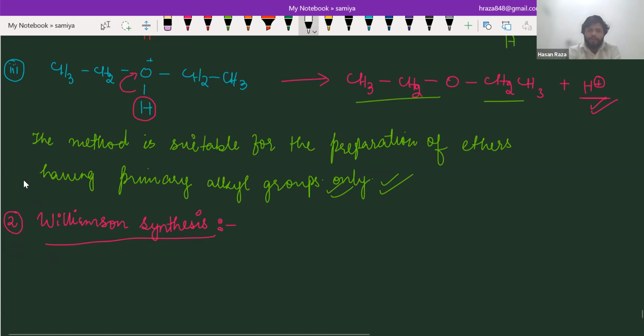Let me know when you are done with this writing, and then I will explain what the Williamson synthesis reaction is. It is also known as a name reaction, which is very important. Basically, it is a laboratory preparation or laboratory method. We can prepare ether in the laboratory.